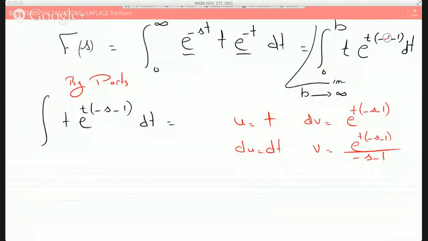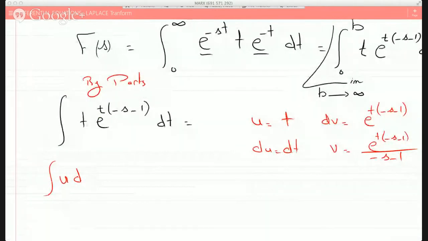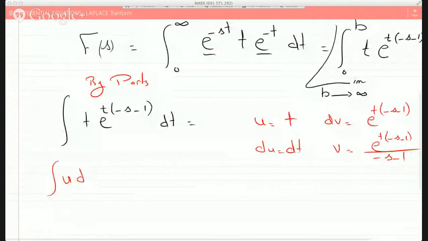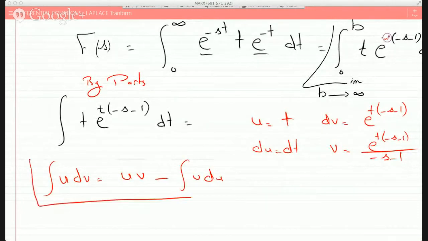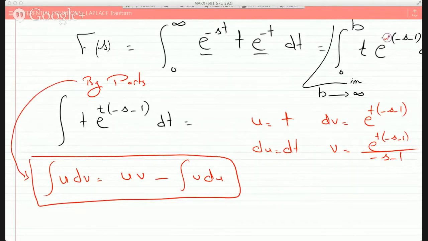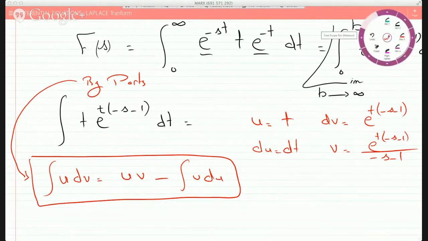And now integration by parts says the integral of u dv is equal to uv minus the integral of v du. That's the by parts formula. Now we're going to start plugging them in.